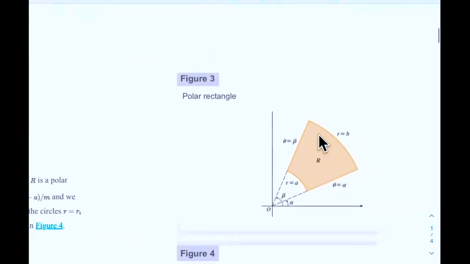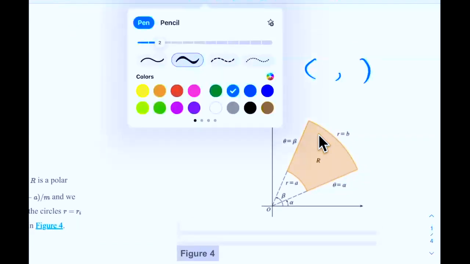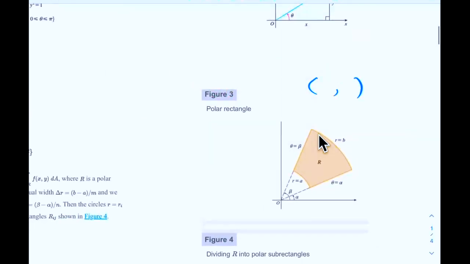So remember polar coordinates have two coordinates, right? The first coordinate is the r, and over here you see r goes from a to b.